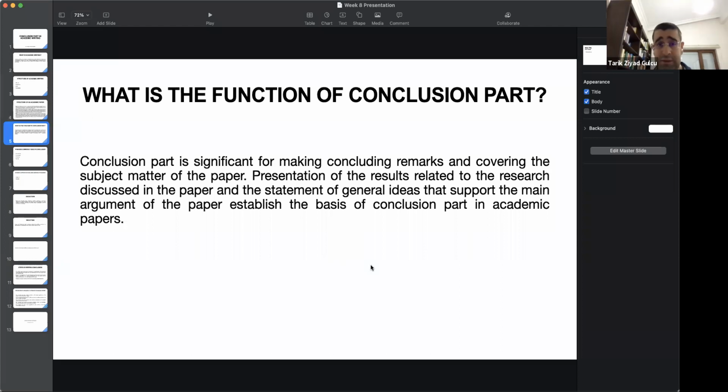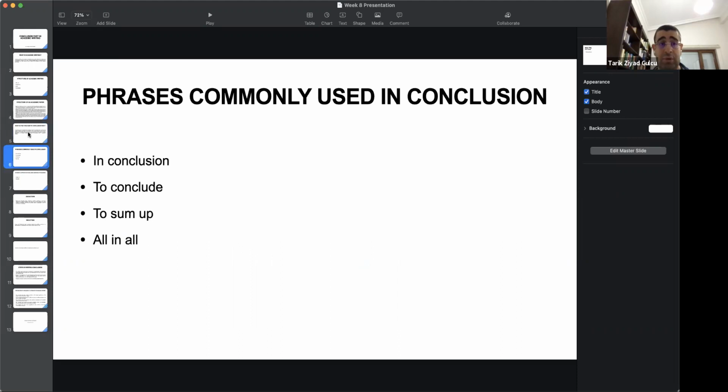And remember, in the introduction part, we discussed that it has a systematic approach or a systematic basis. The same is applied to the conclusion part.